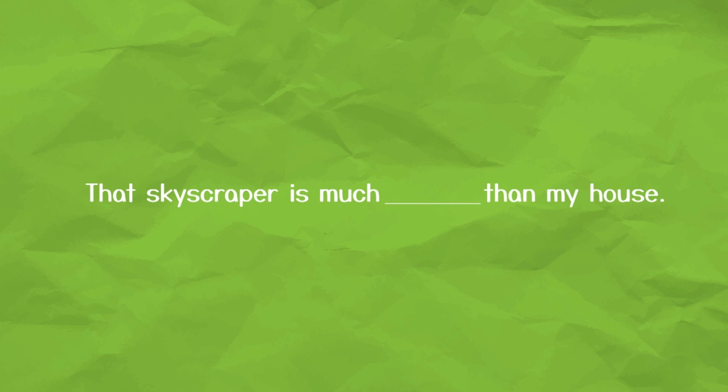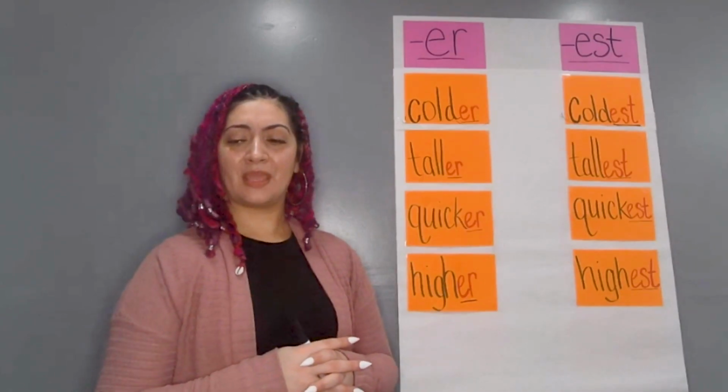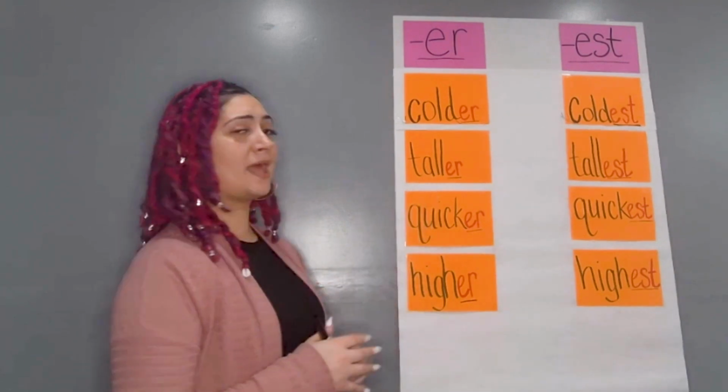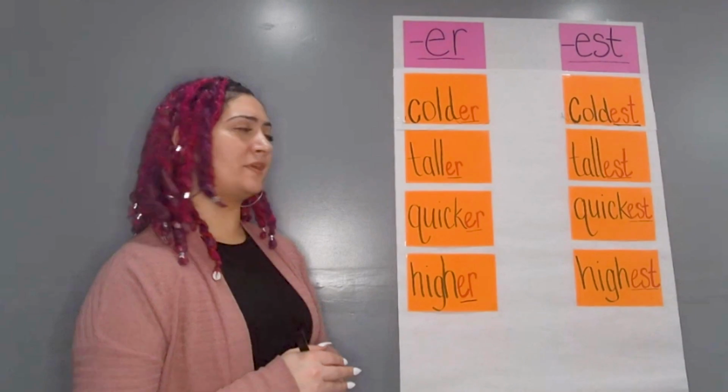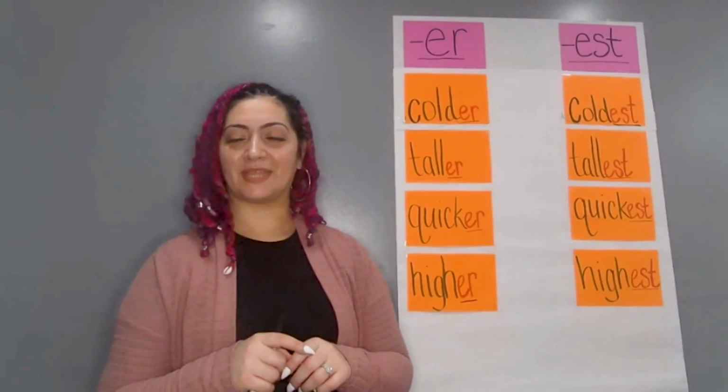So it must be either taller or tallest. Let's see which one fits better. That skyscraper is much taller than my house, or that skyscraper is much tallest than my house. You're right. It's taller because we're only comparing two things. Nice work.